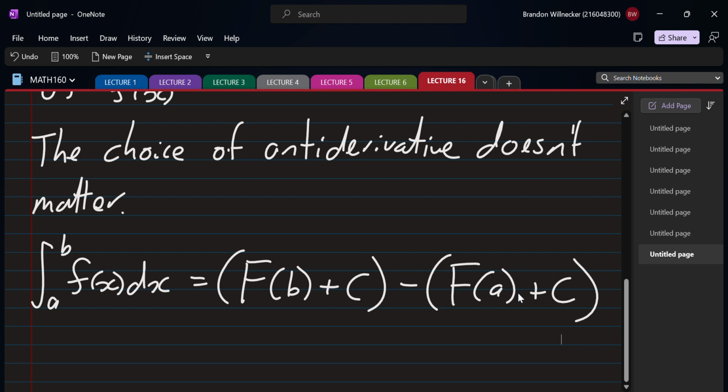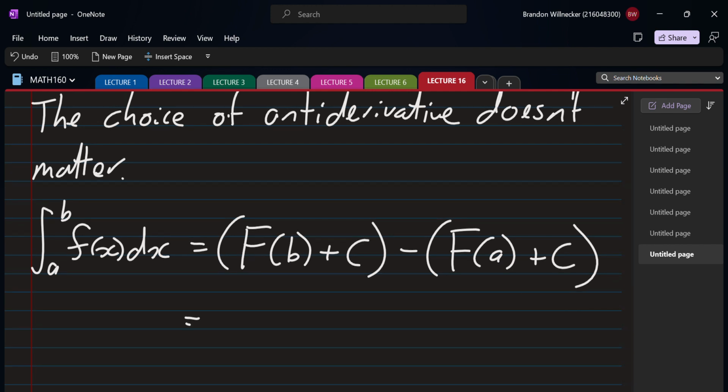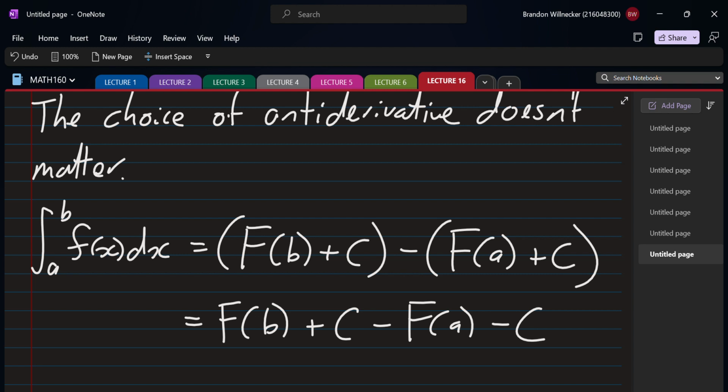Now, why does it not matter? Can anyone see quickly? Yeah, exactly. See me after, I'll give you some points for that. So yes, it will cancel out. Let's just expand out these brackets. We get F(b) plus c minus F(a), and then the minus also goes onto the c, so minus c.